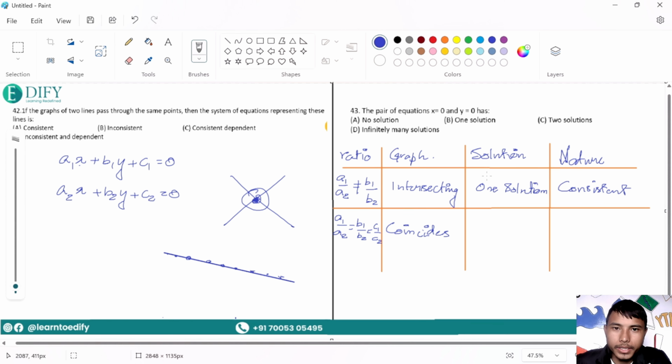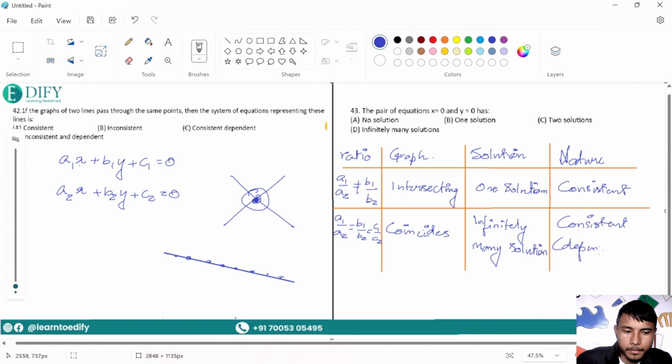So how many solutions? Infinitely many solutions. Is it consistent? Yes, but dependent.